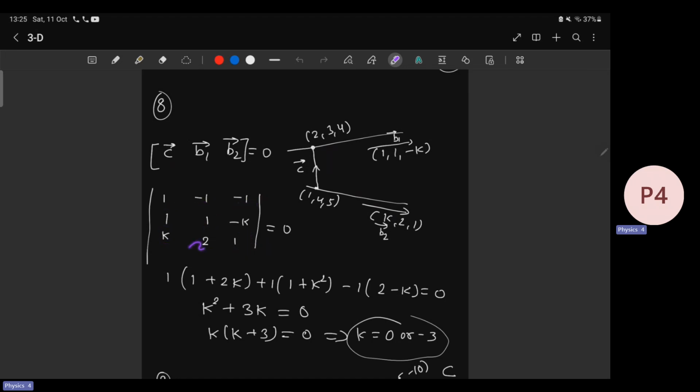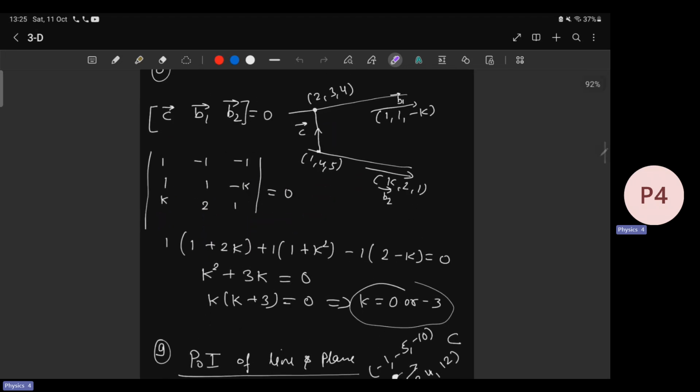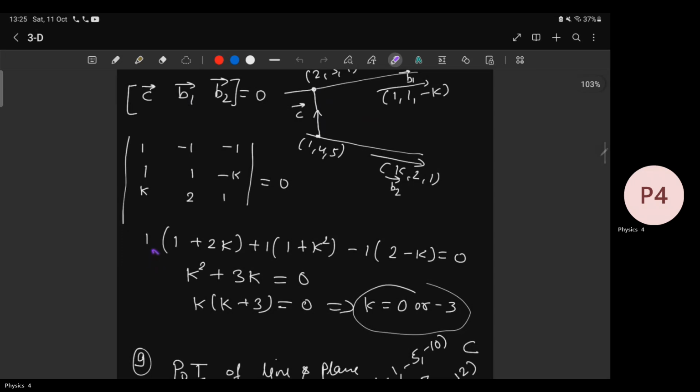The determinant of these three will be equal to 0. On solving these, we got the equation k square plus 3k equals 0. Now we got two values of k from here, k equals 0 or k equals minus 3. So the answer is option C.